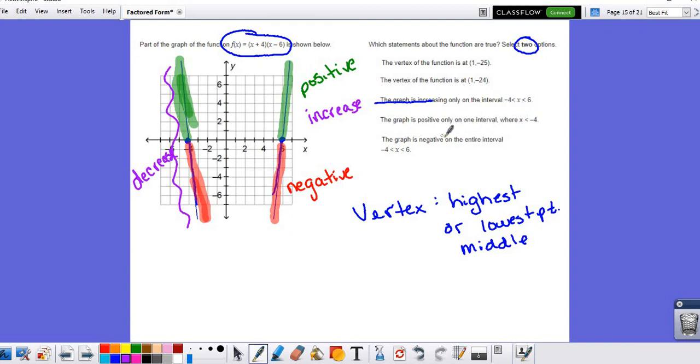Or is the graph negative between -4 and 6? So is my graph negative between those two numbers? Okay, so this is one of your answers. It's not just positive one time, so it's positive on two intervals, not one. Now you need to graph it though and figure out what your vertex is.